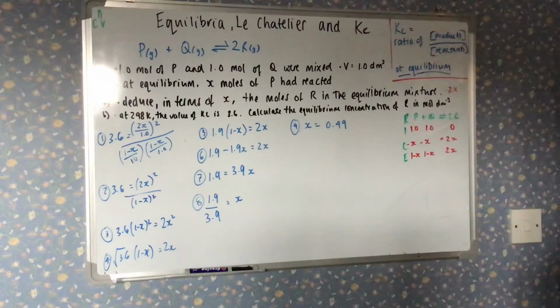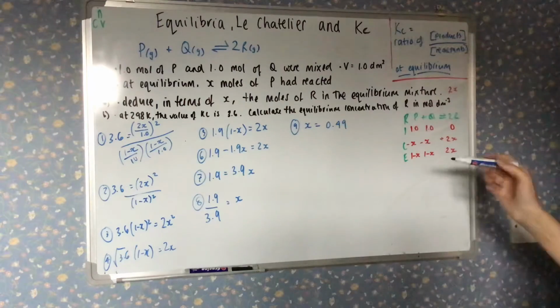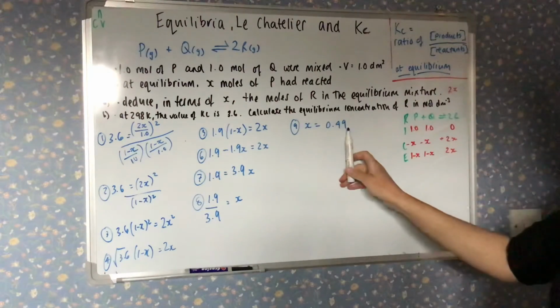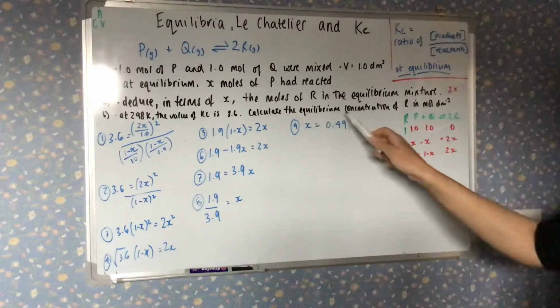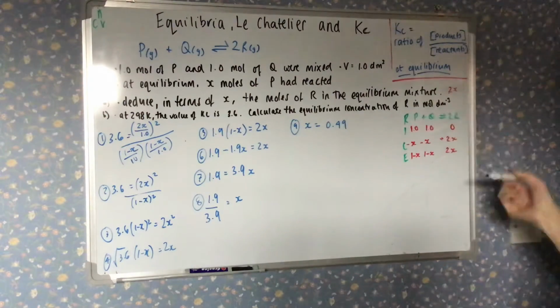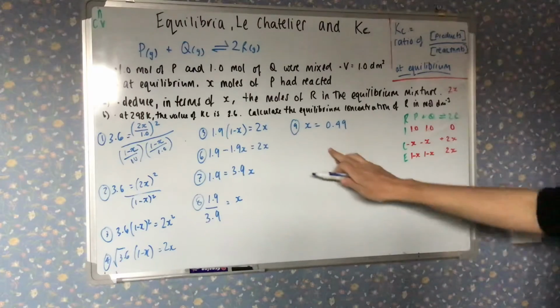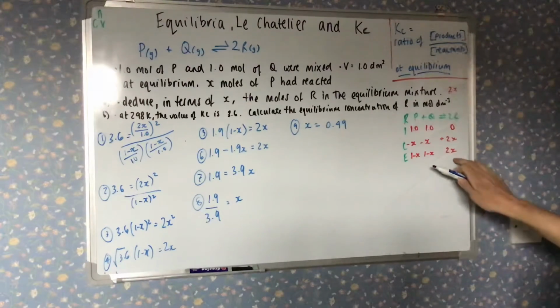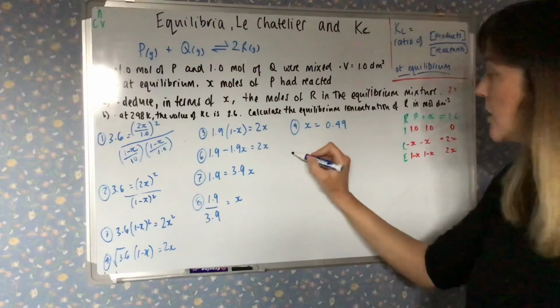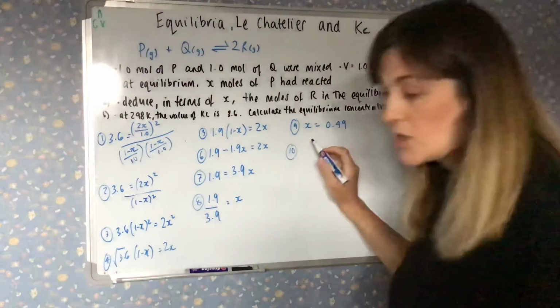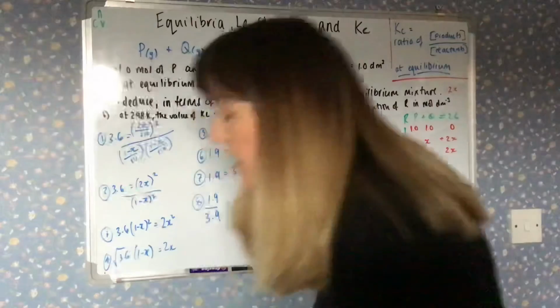So our x is equal to 0.49, so that's all fine. So we're calculating the equilibrium concentration of R in moles per decimeters cubed. Now our equilibrium number of moles is 2x. So 2x is 0.97 moles.